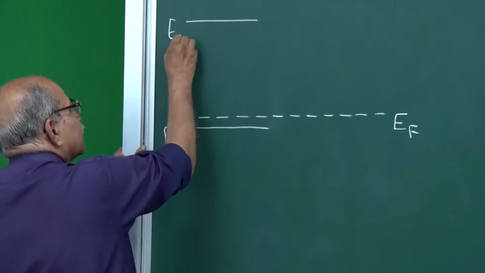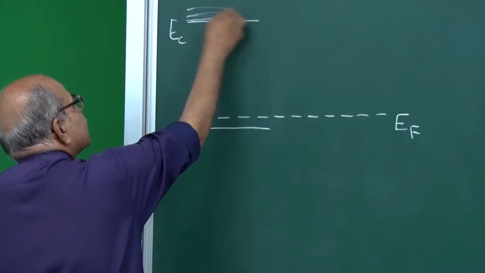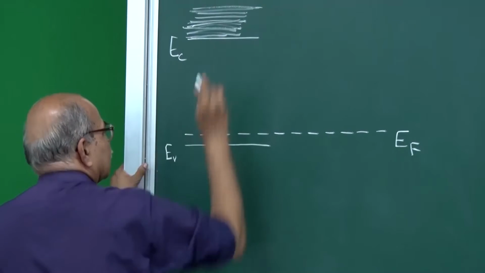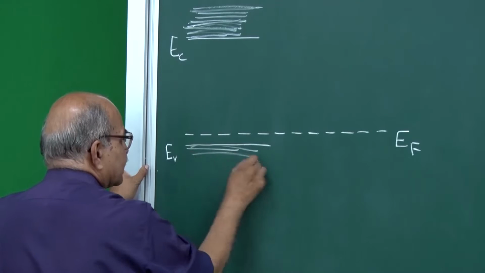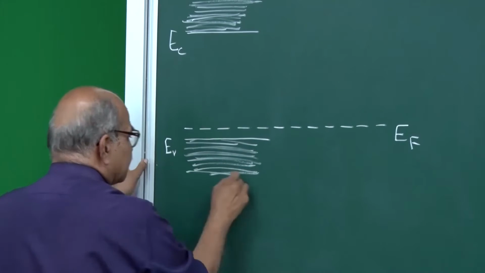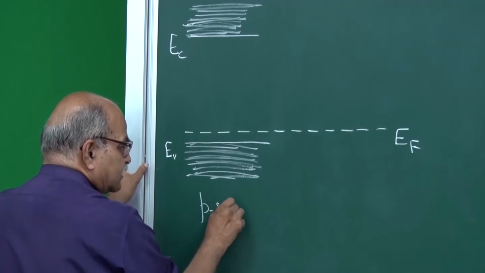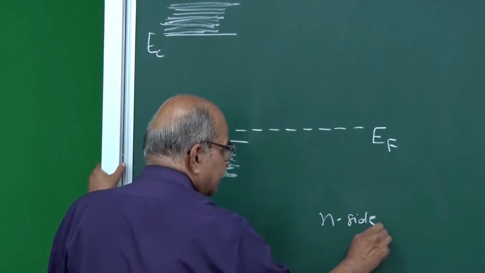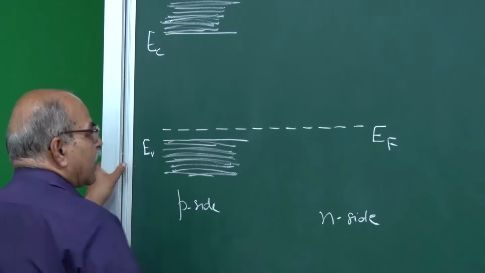The conduction band edge is here. So, these quantum states correspond to all those conduction band energies, and these quantum states are in the valence band. So, this is our p side, whereas for the n side, it is close to the conduction band.